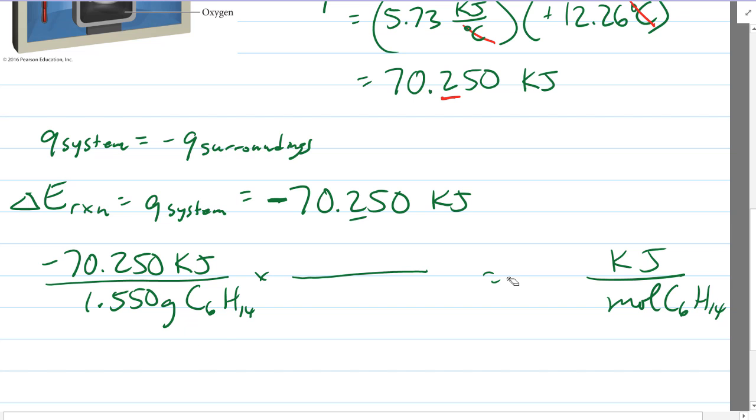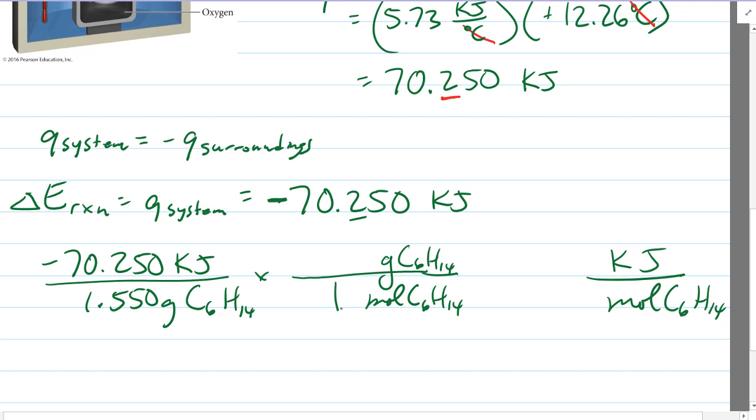Molar mass. Molar mass, exactly. So in our molar mass, on the top we're going to have units of grams of hexane. On the bottom we would have units of moles of hexane. And of course the molar mass is always the grams contained in 1 mole.